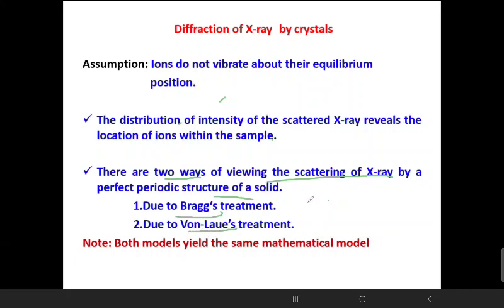These two methods are used to explain the scattering pattern of X-rays. Both models yield the same mathematical result, so you can consider either Bragg's treatment or von Laue's treatment.